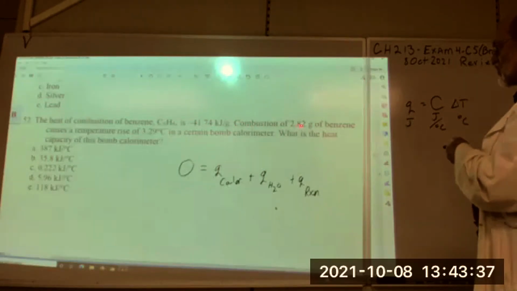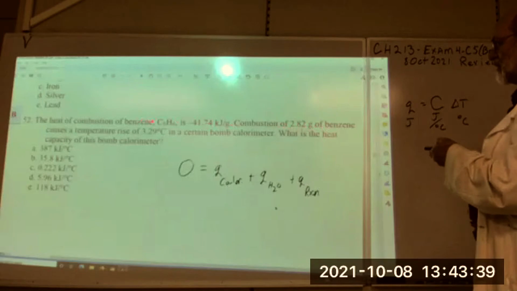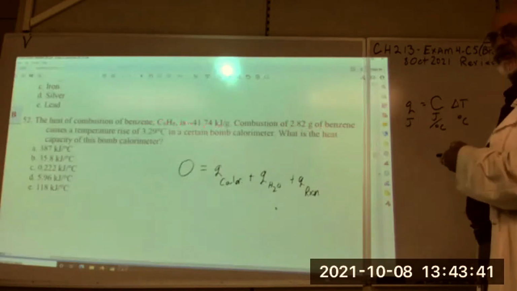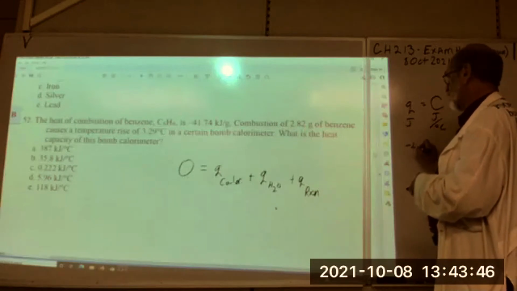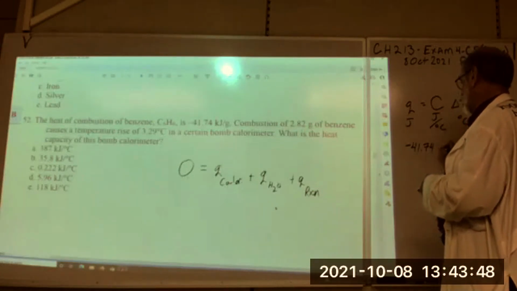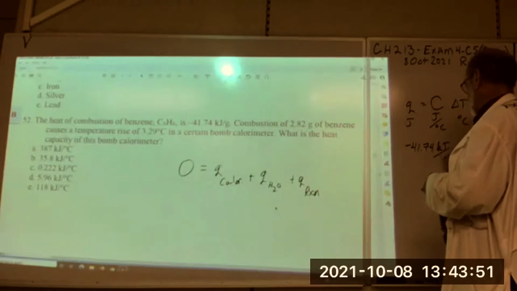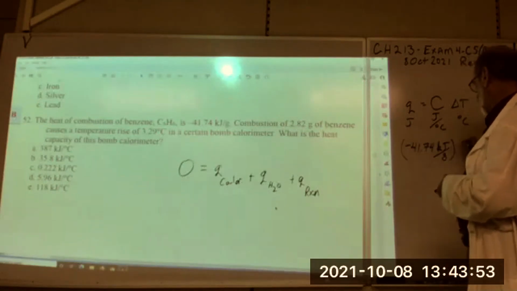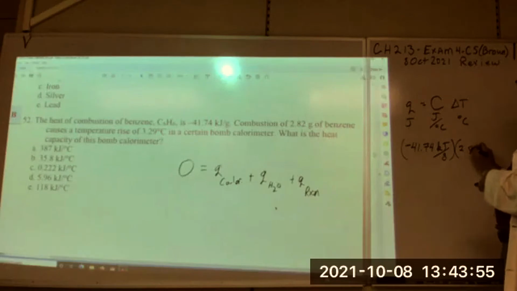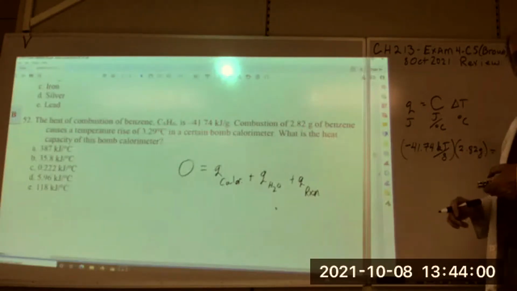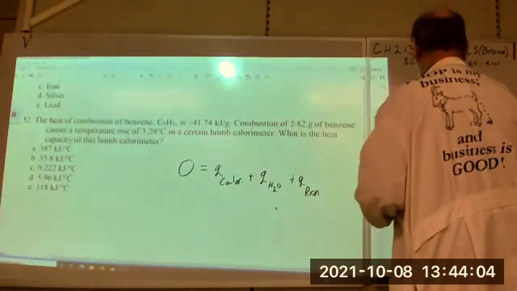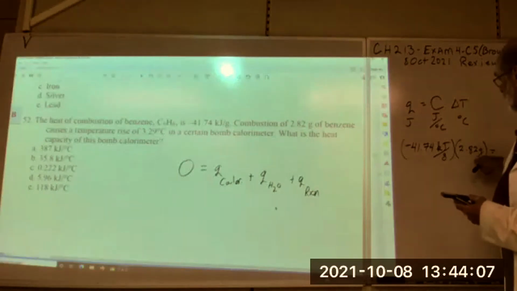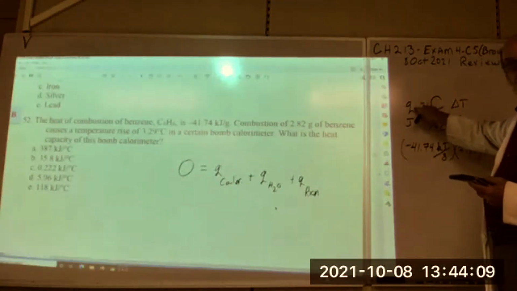So if you combust 2.82 grams of benzene, how much heat should you expect from that combustion? Minus 41.74 kilojoules per gram, and we're going to combust 2.82 grams. Okay, grams cancel, leaves us with kilojoules. So that gives us this term right there.